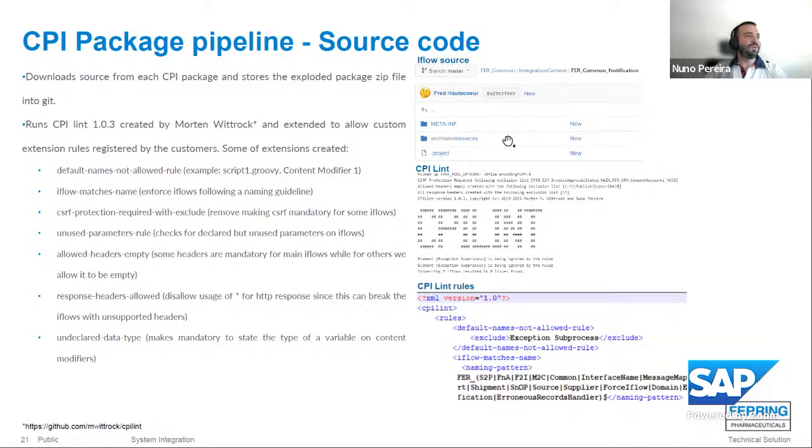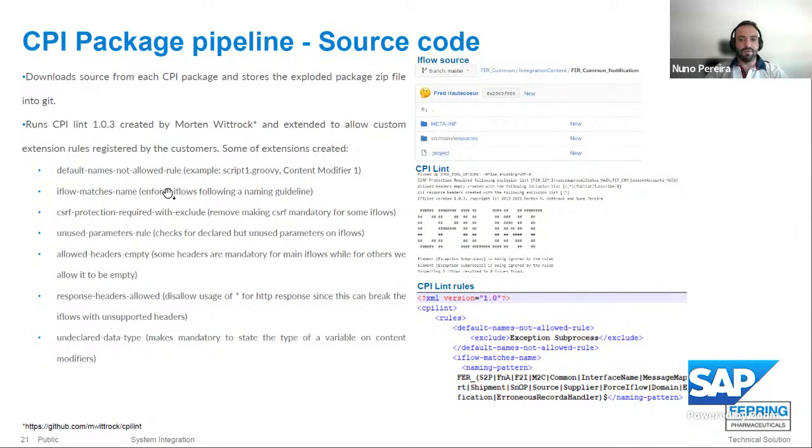And then we wanted to create some automatic validations. I was investigating online, and we found this CPI lint. This was created by Morten, and I decided to also extend this tool to include the possibility to register our custom rules that you can see here.